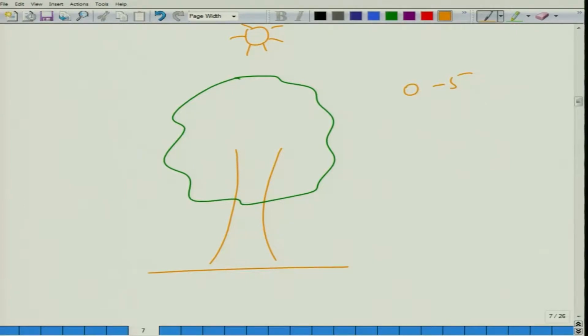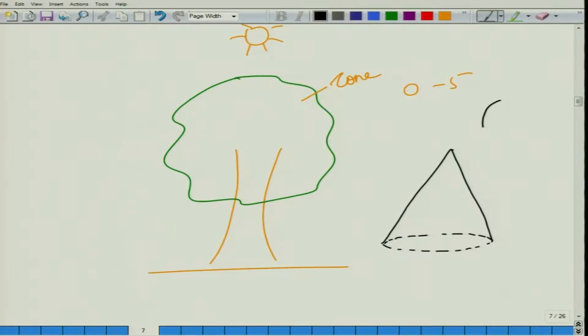We consider this crown as a cone. So if we draw a cone, we consider the crown to be a cone in this part, and we divide it into 5 parts. If we took a top view, it would look like this. So this is the vertex and this is the base.